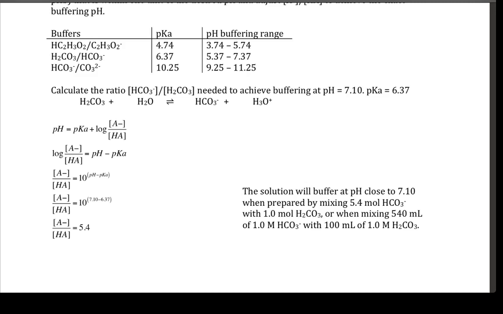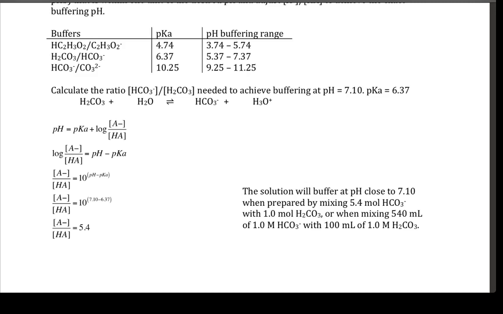Okay, so that's the second buffer in our table, and we see that its pKa is 6.37. So 7.10 is still within the range that the buffer should be okay. What we need to do is determine the ratio of A minus to HA to achieve that 7.10.